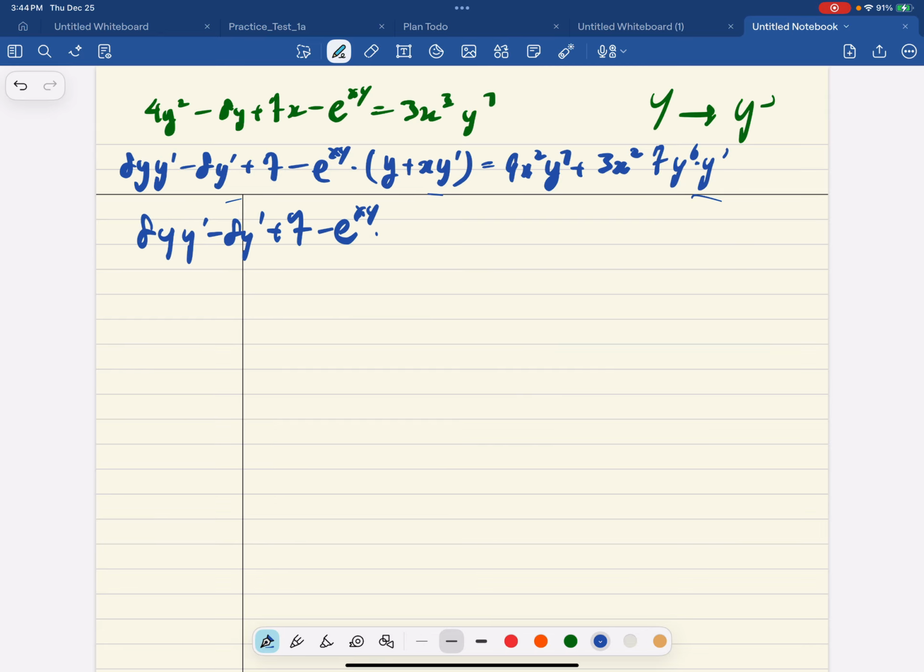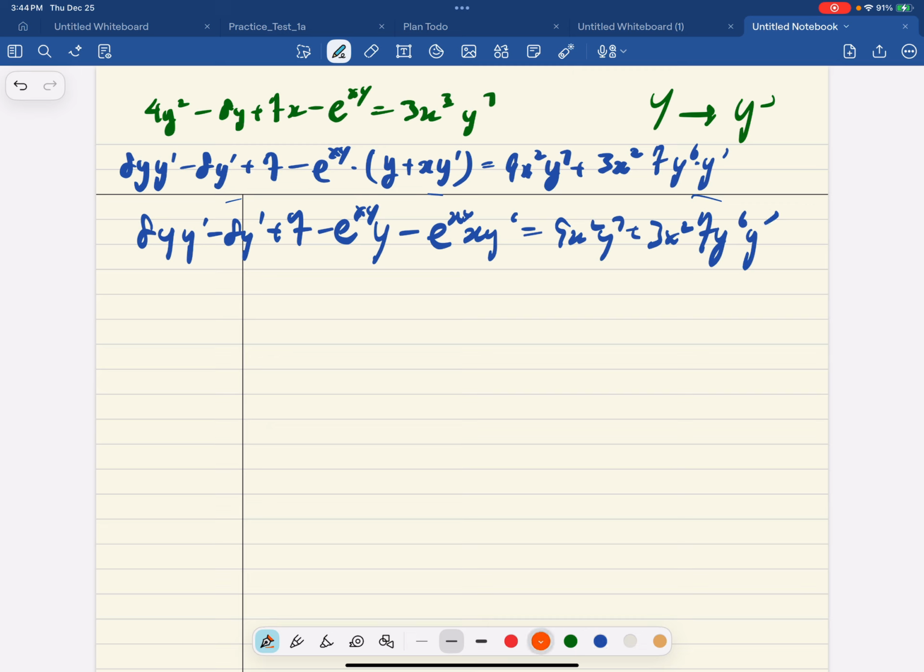So you want to distribute the minus e to the xy. The 3x can actually be simplified further, but in most cases teachers don't really ask you to simplify it.